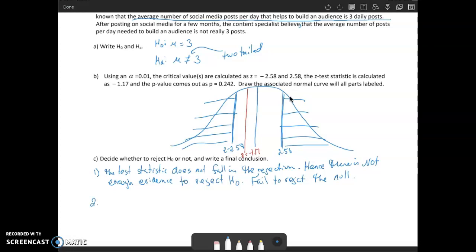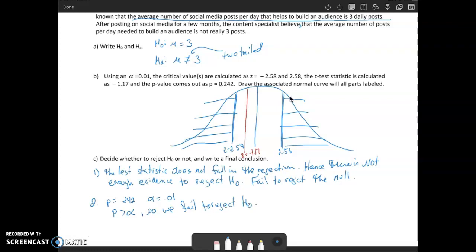We can also look at it with the p-value approach. So we've got a p of 0.242 and an alpha value of 0.01. So p is definitely larger than alpha in this case. So we fail to reject the null in this case as well.